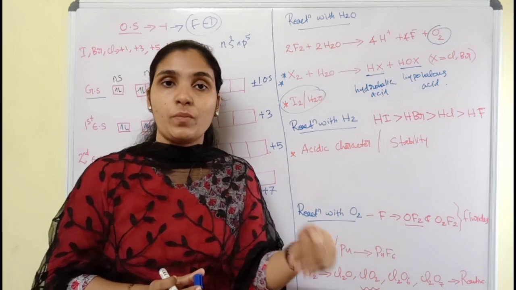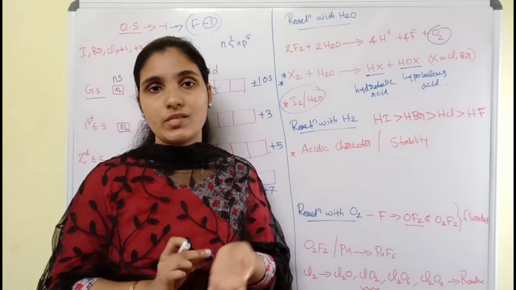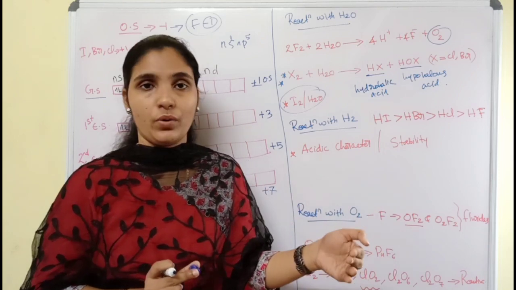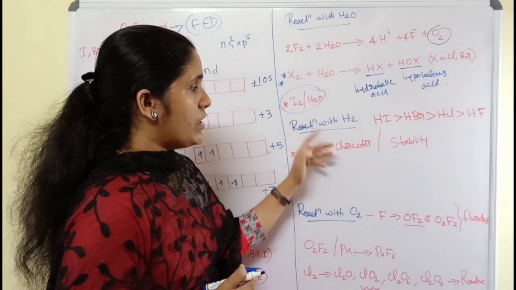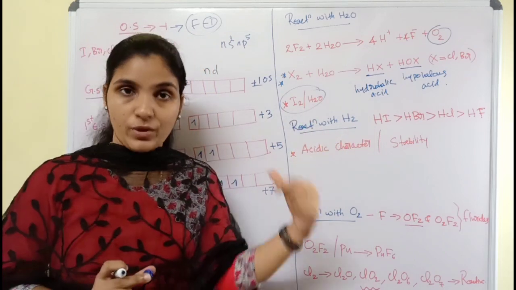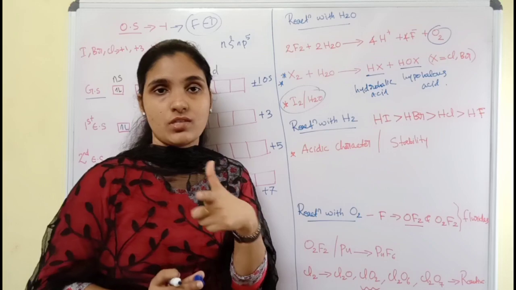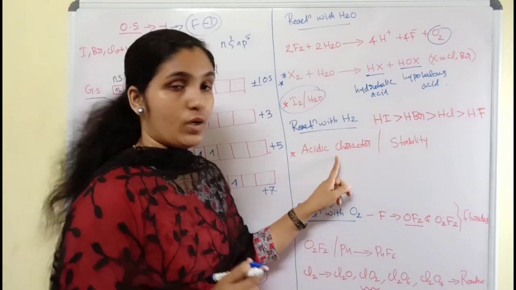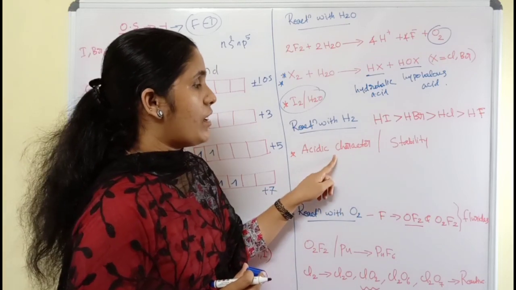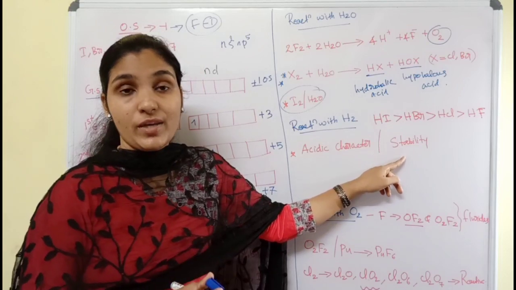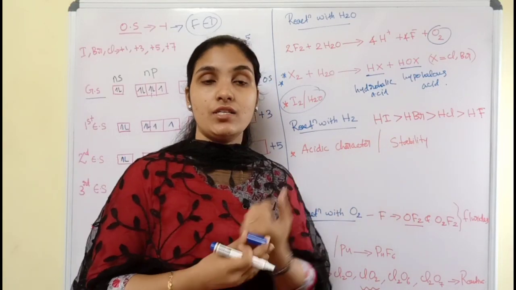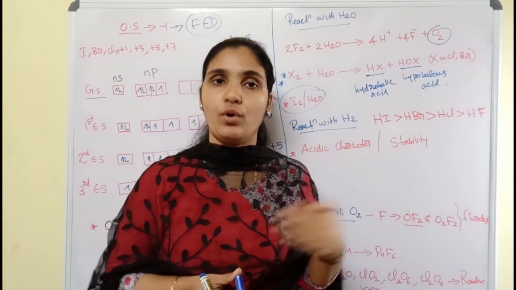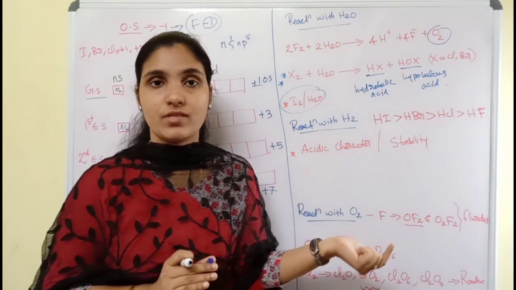So fluorine exhibits the greatest affinity towards hydrogen. Like the previous case, group 16, two properties we will see here: one is acidic character and the other is stability of these hydrides. Halogens react with hydrogen and form hydrohalic acid, or we can say hydrogen halide is formed.